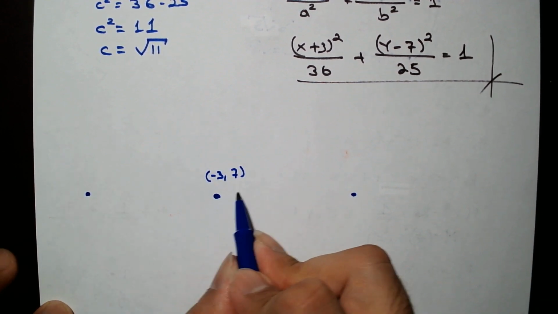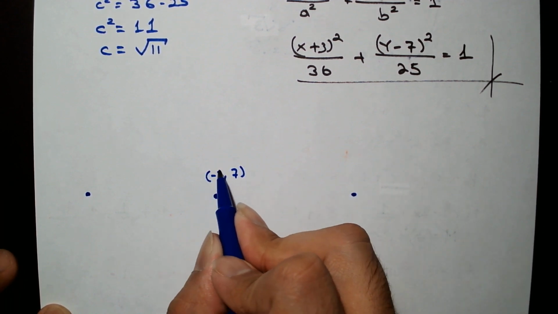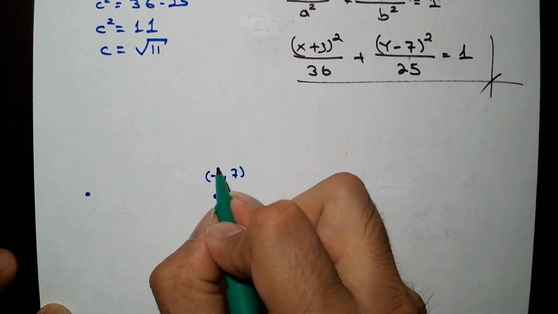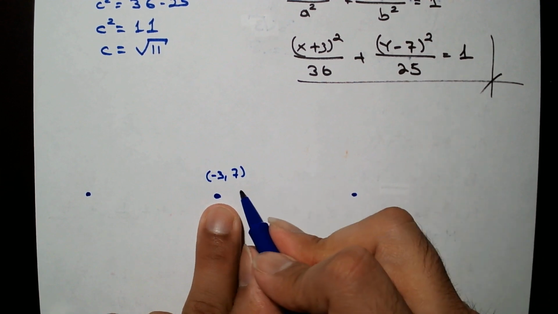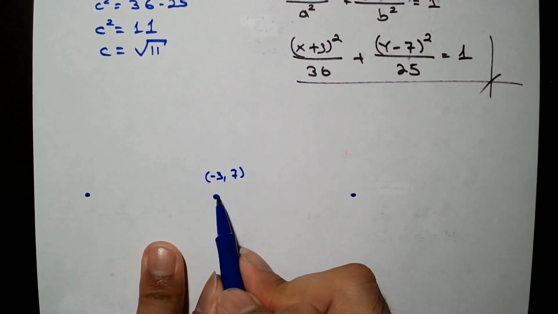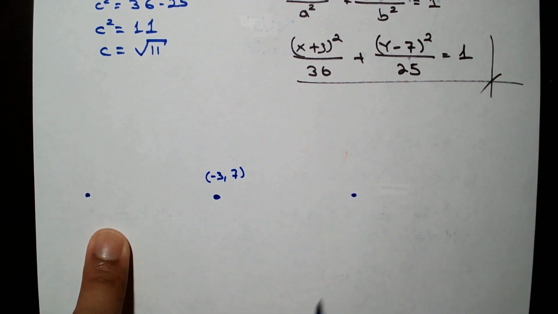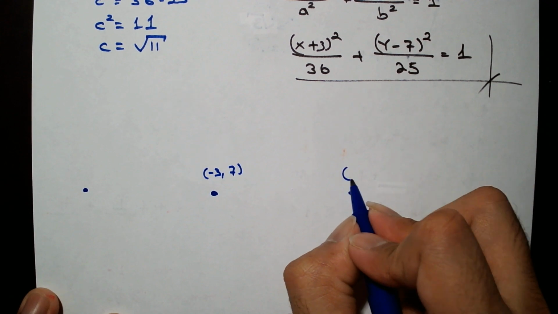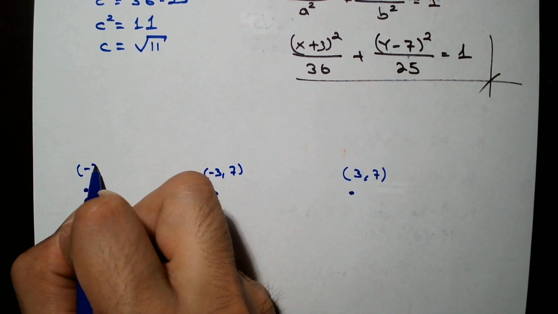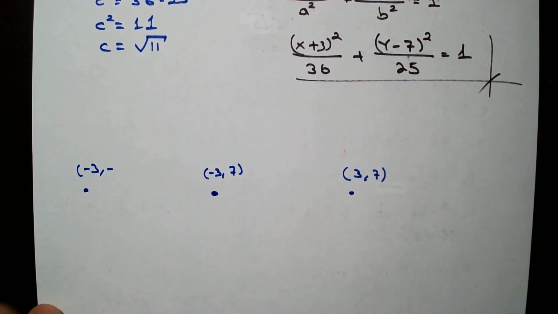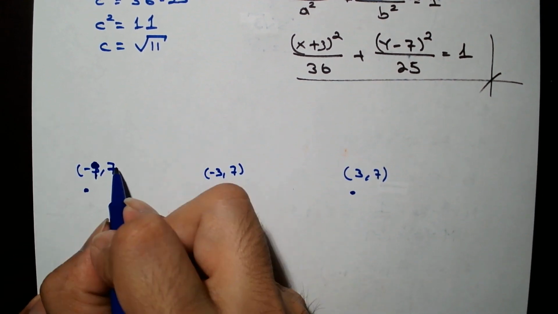Okay, so this point is shifted 6 units to the right, that is plus minus 6 to this point. So 6 units, I'm going to go from negative 3, negative 3, negative 2, negative 1, 0, 1, 2, and 3 actually. So 3, 7, and subtract 3 to get negative 3, negative 9 actually, negative 9 comma 7.